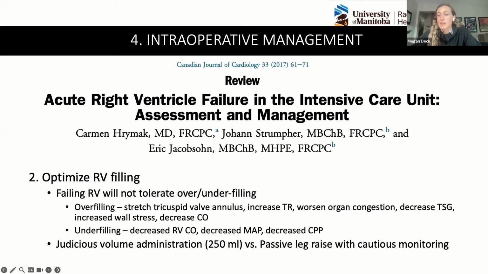Fluid responsiveness would be indicated by a modest increase in CVP, maybe 2 to 5 millimeters of mercury, as long as it remains less than 20, together with a significant improvement in systemic perfusion, which could be measured by cardiac output, mean arterial pressure, or other clinical findings. If only the CVP increases, there's little evidence of improved perfusion, and deleterious RV distension may occur.